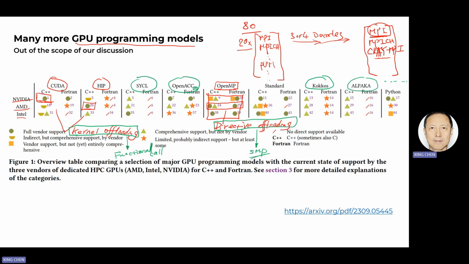There are so many standards trying to be the winner, and we don't know yet who is going to be the winner for GPU offloading. And it seems kernel offloading and directive offloading are the promising ones. By this slide, I'm going to end this part.